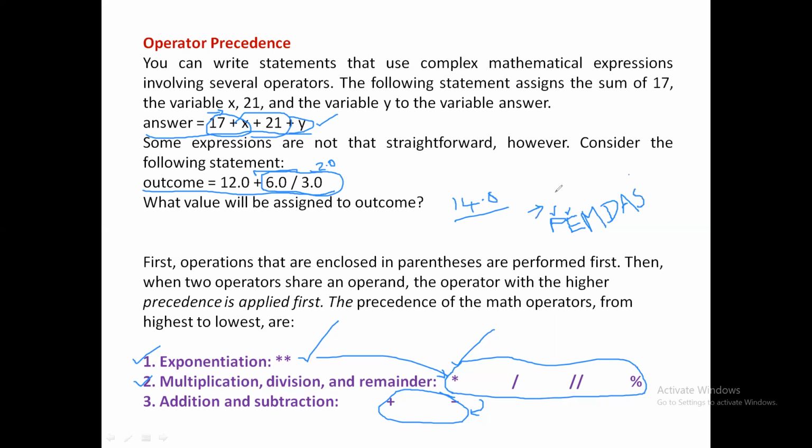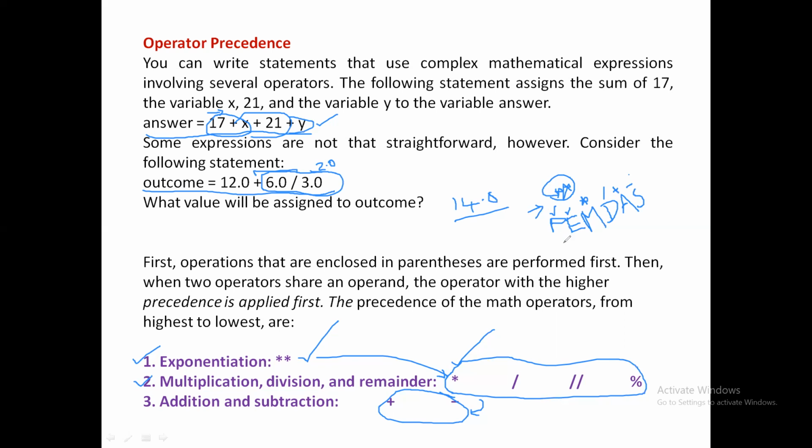I think you know what is exponent operation. It is 2 stars, right? Whenever you see 2 stars, it is exponent operation. And then multiplication operation, that is a single star. Then division operation, then addition operation, and then least precedence is subtraction operation.